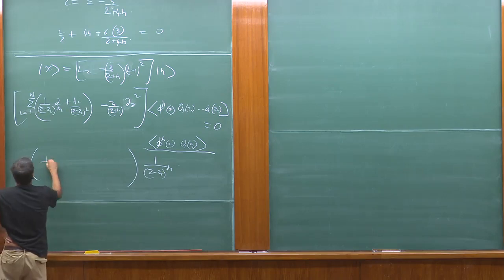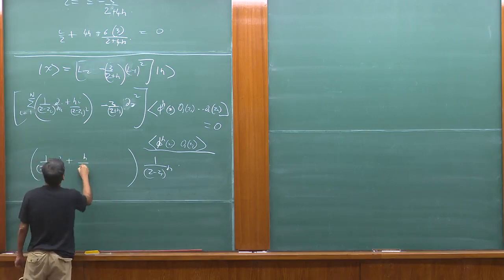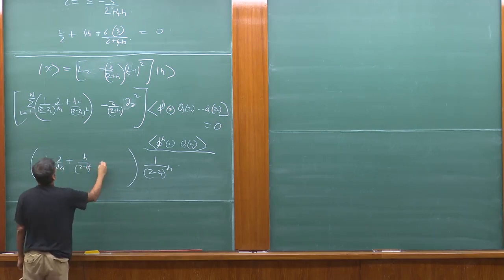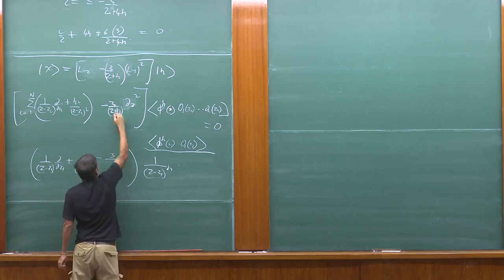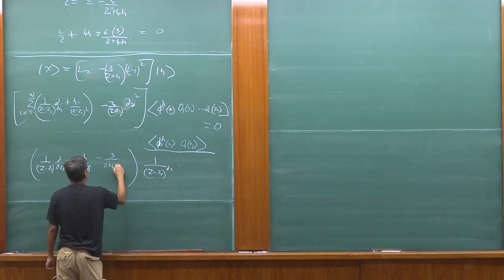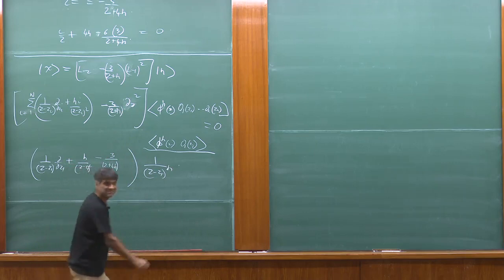So it's 1 over z minus z1, the whole thing by del z1, plus h over z minus z1, the whole thing squared, minus 3 by 2 plus 4h, del z squared, on this object has to be 0.